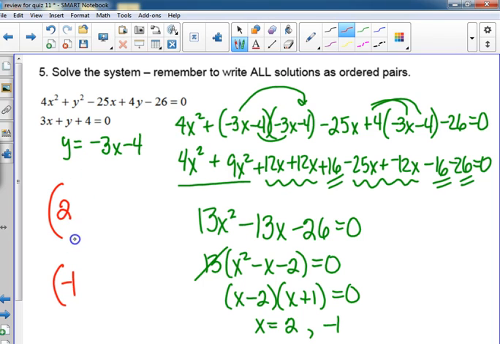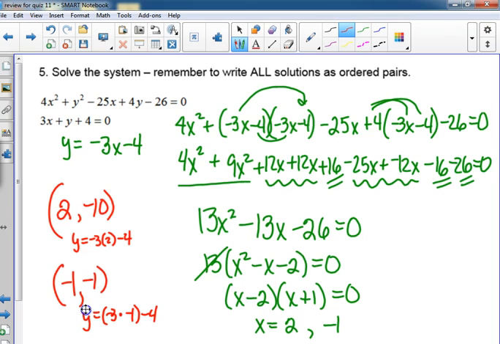Okay, now if I put the 2 back in, it'll say y equals negative 3 times 2 minus 4, which would be negative 10. Anybody? Is that right? And if I put the negative 1 in for the x back into that equation as well, negative 3 times negative 1 minus 4, I don't know why I got those parentheses in a weird spot.